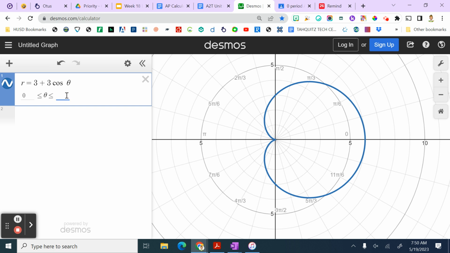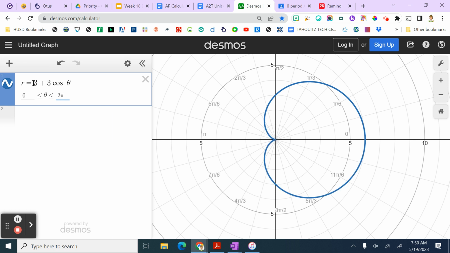Let's just switch that to 0 to pi. You see how it only graphed half of it? If I did 0 to 2 pi, it goes more. If I tried to do 3 pi, we probably wouldn't see much. You can't even tell, right? Here's what I would do to test that theory out. 0 to 2 pi.